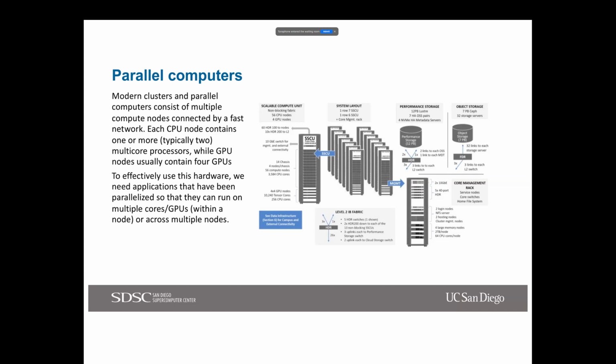You have this refrigerator-sized rack that you then slot different compute nodes into. Each rack on Expanse has 56 CPU nodes, and each of these compute nodes is a standalone, workstation-like computer.